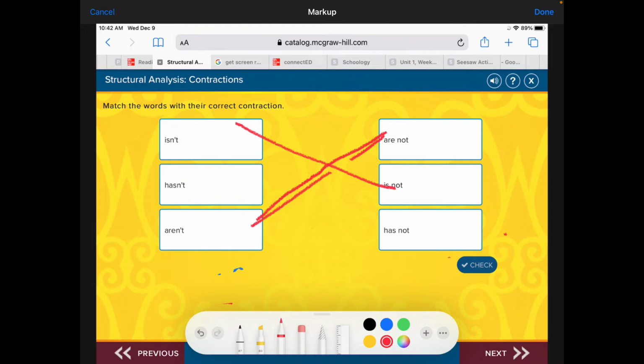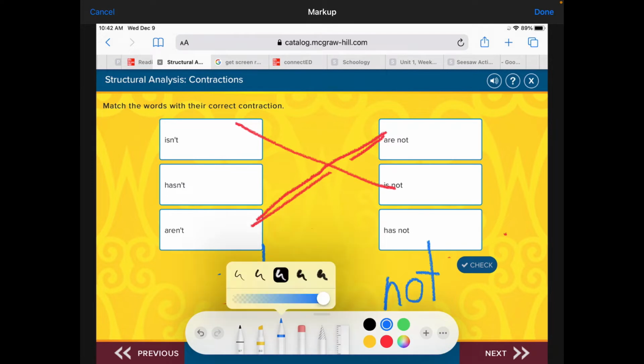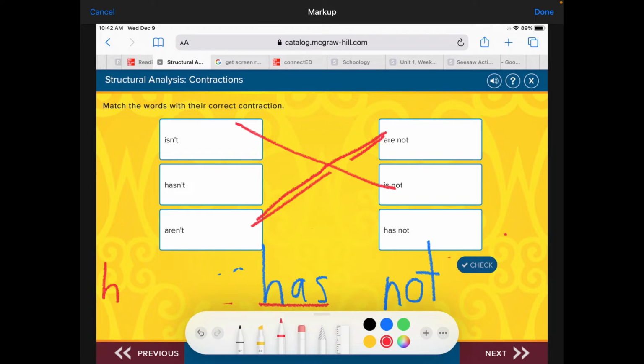So I have my two words, has not. We leave the first word alone. We keep all the letters in has. Hasn't.